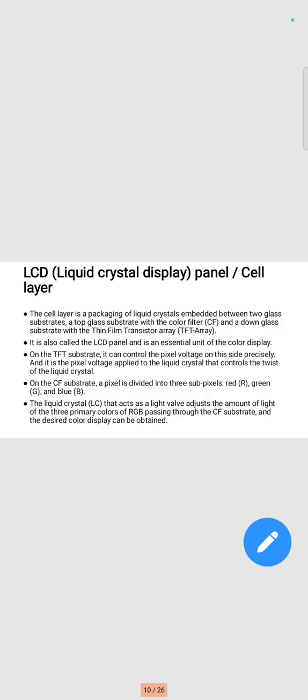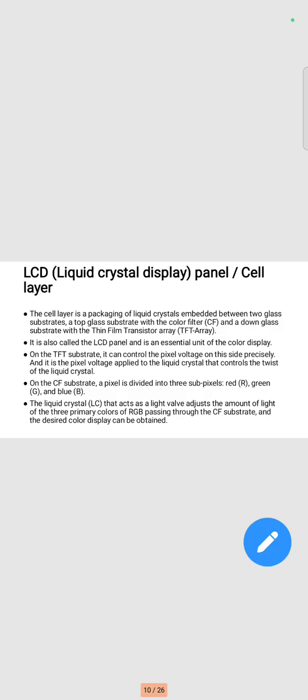In display technology, that is LCD, each pixel has three subpixels, red, green, blue. Color filters are placed on them. By mixing these colors, millions of colors are produced, right? The liquid crystal acts as a light valve, adjusting the amount of light of the three primary colors RGB passing through the CF substrate, and the desired color display can be obtained.